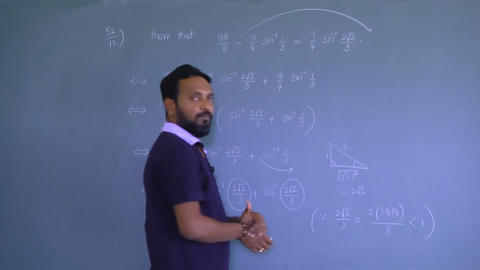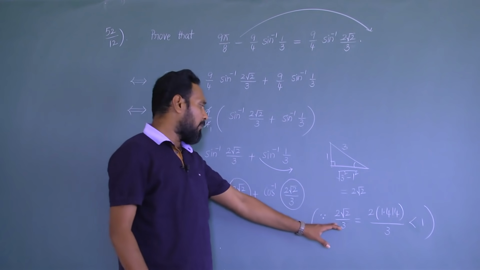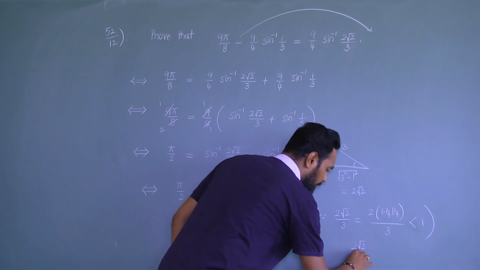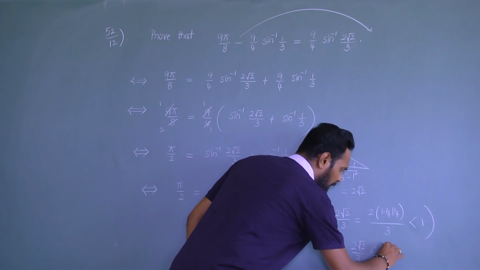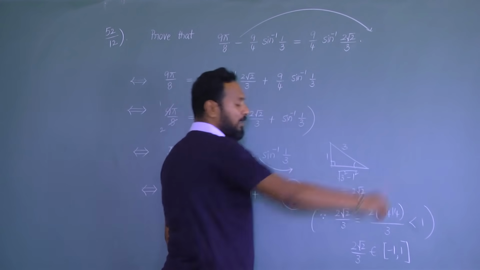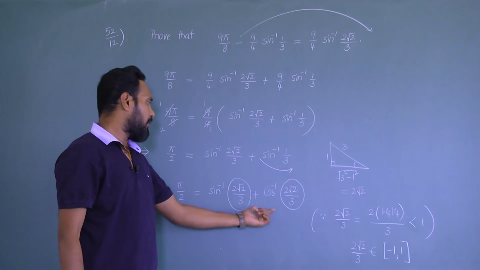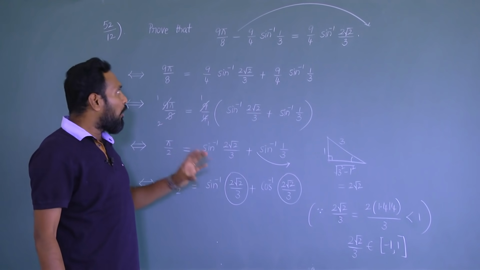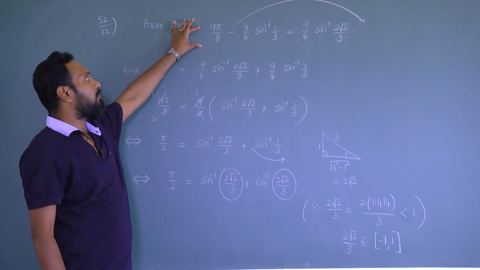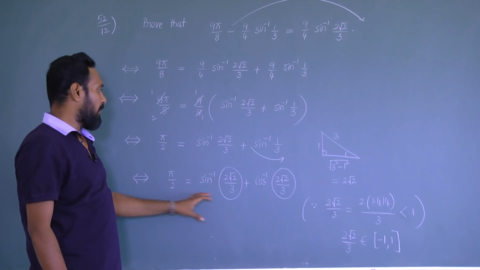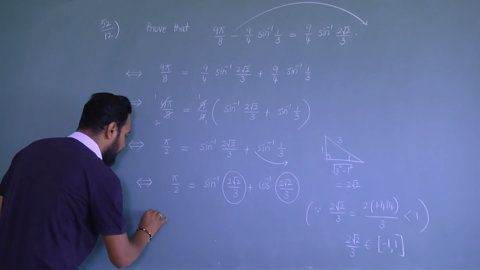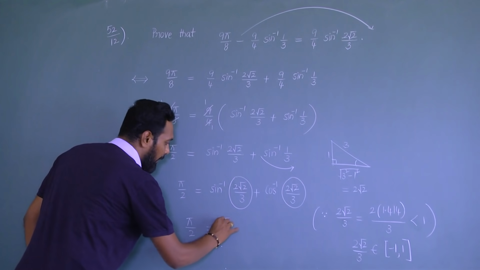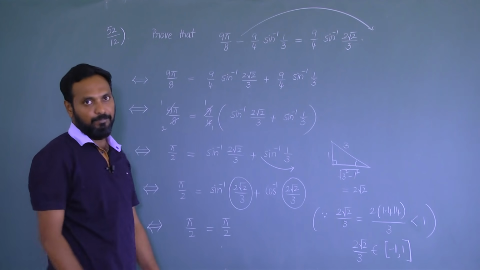So this value automatically belongs to the closed interval minus 1 comma 1, which is possible. So LHS equals RHS. Why? Because we have modified the given LHS and RHS and we have proved these two are the same. This implies and implied by pi by 2 equals pi by 2, I can write.